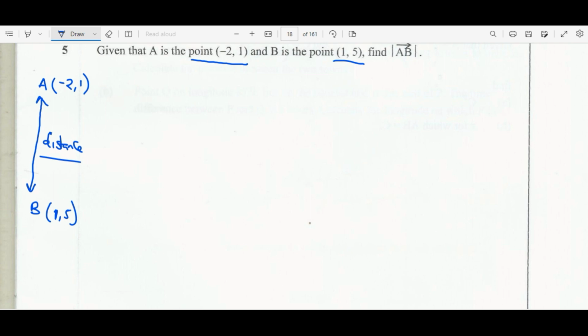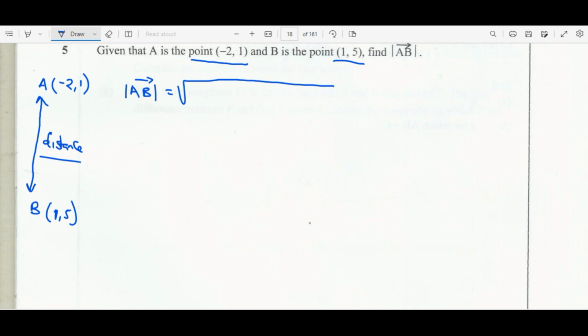Now let us look at the formula that will help us find the distance between A and B. So we say AB. Don't forget that is the direction. This is a standard formula, so you have to master it.